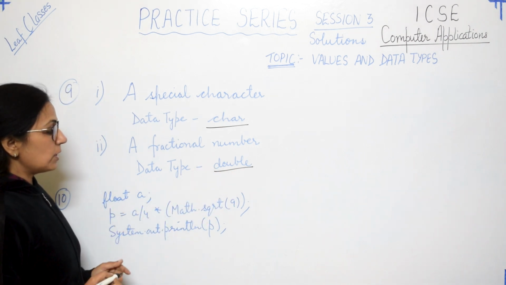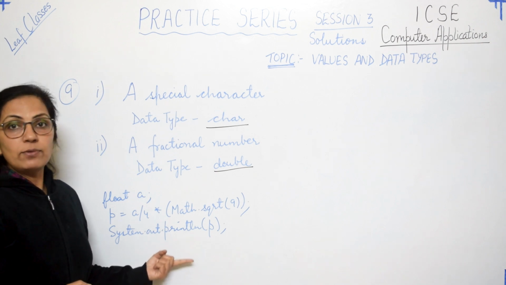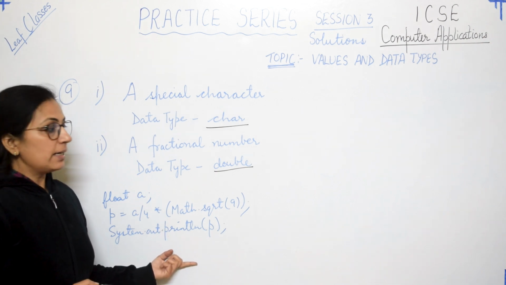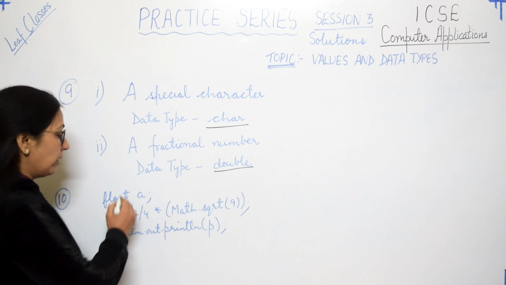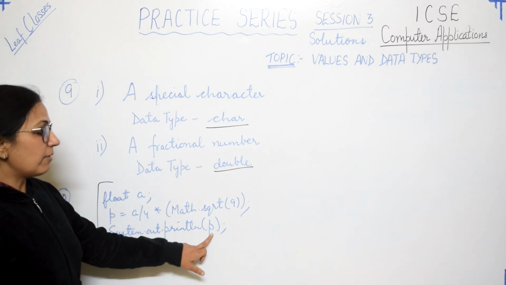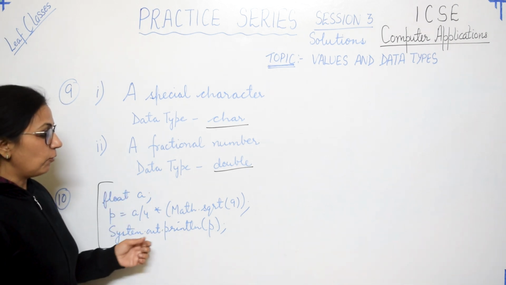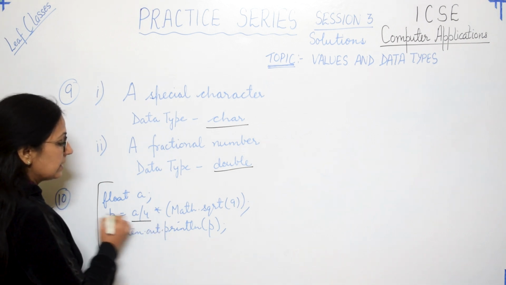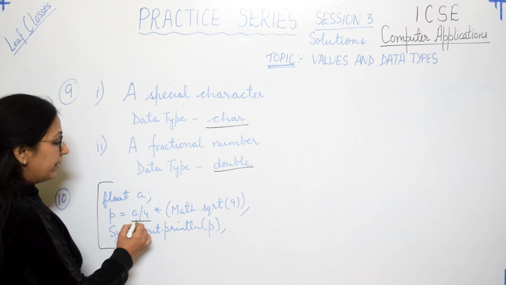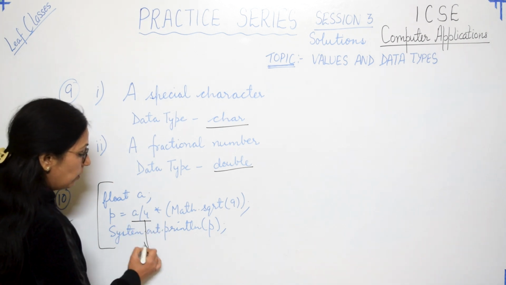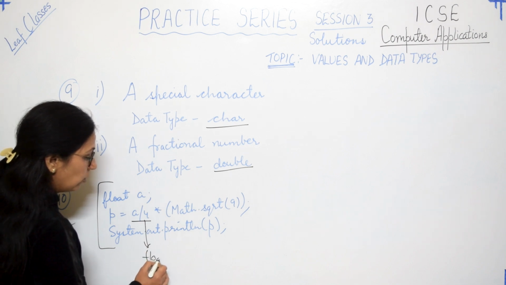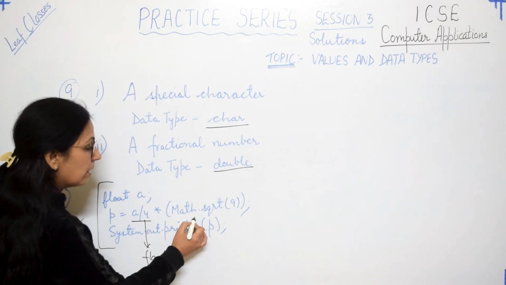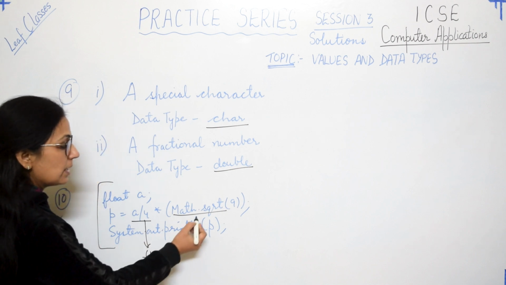Then the next question says that you have to give the resultant data type for the following statements. So it is printing the value of P and we have to find the data type for P. Now see here, it is A by 4. What will it return? It is float by int. So this will return a float value, and here the sqrt function is there.